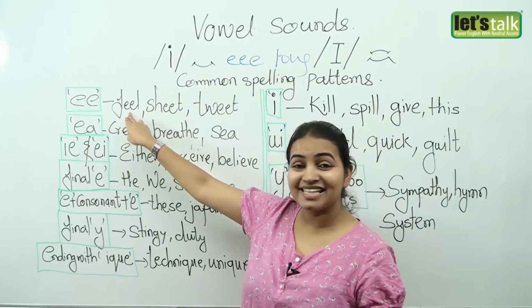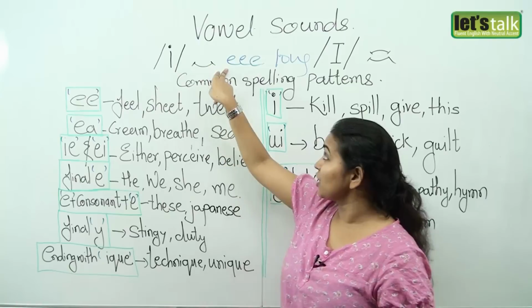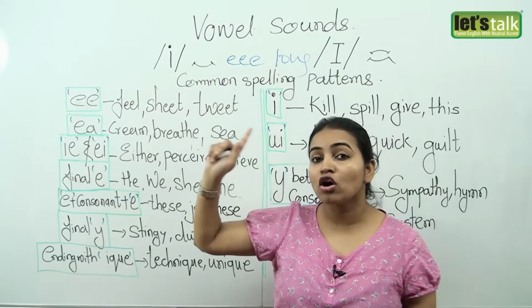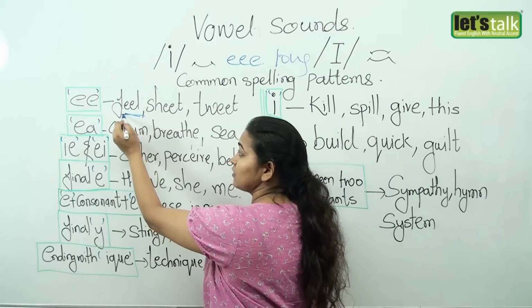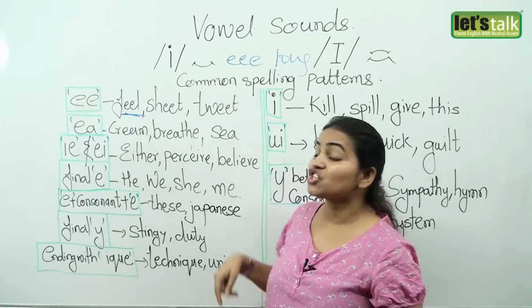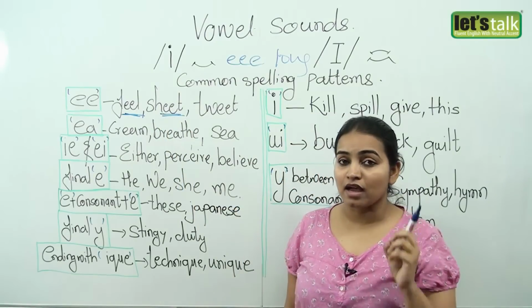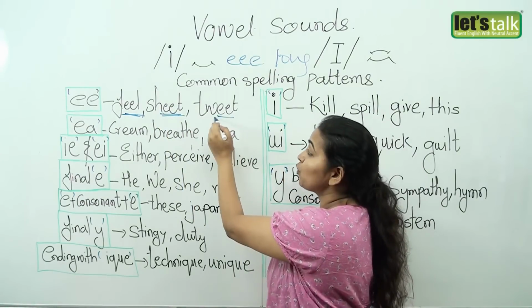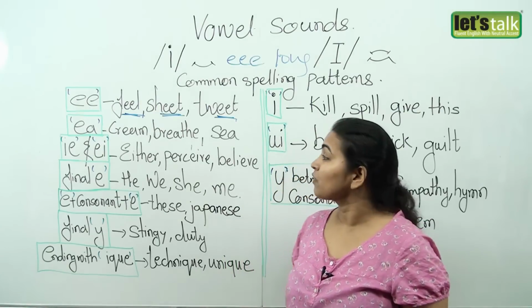The double E is in the middle of the word, but the sound is a long E. So it is feel. We stretch the double E. You have a sheet, which is again a long E sound. You have a tweet, which again is a long E sound.